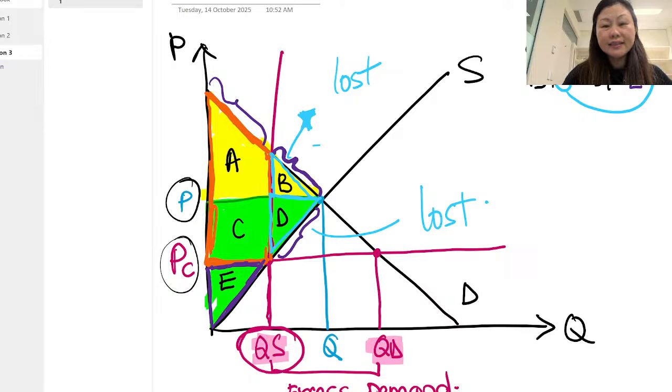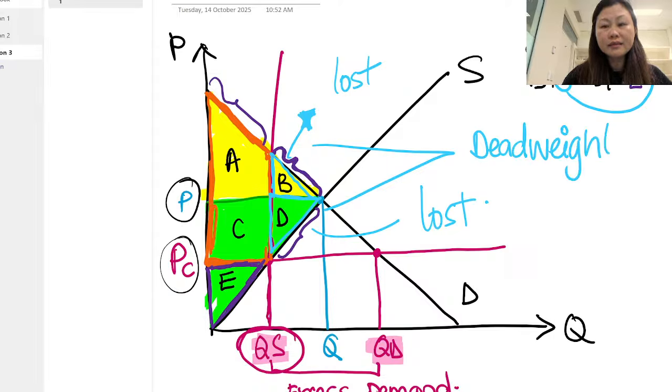These two sectors are what we call deadweight loss. B and D are deadweight loss, and therefore they're not Pareto efficient. They're not maximizing total surplus.